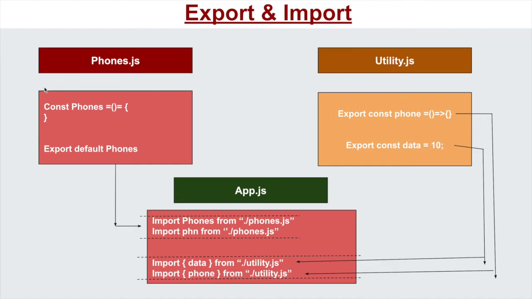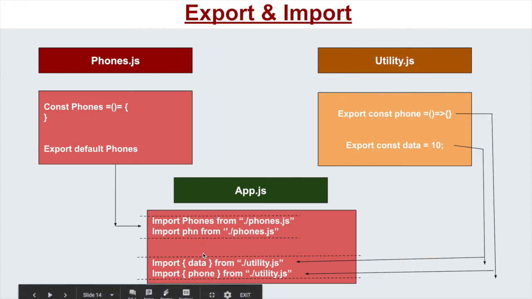With a default export, like you already saw here with phone.js, you choose your own name when importing, and it doesn't matter whether you use phn or phone, a full name. If you have a named export, you actually have to use the exact name defined in the file with the export keyword.